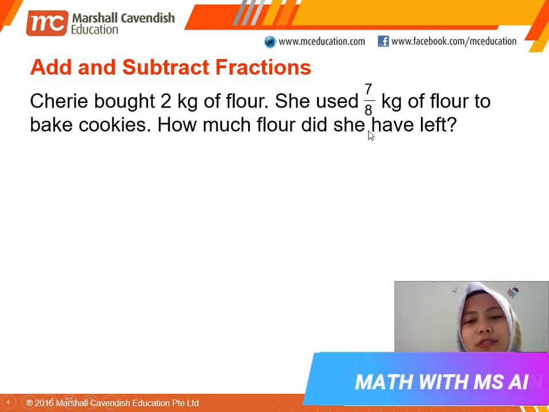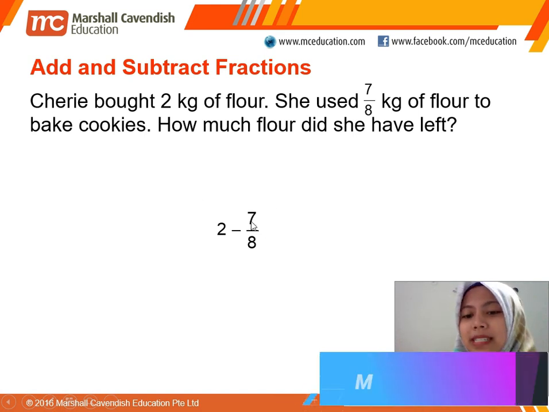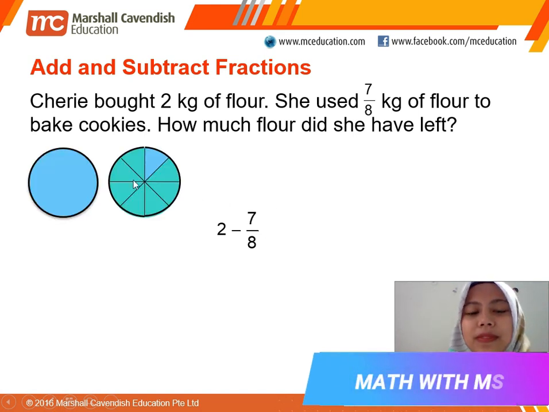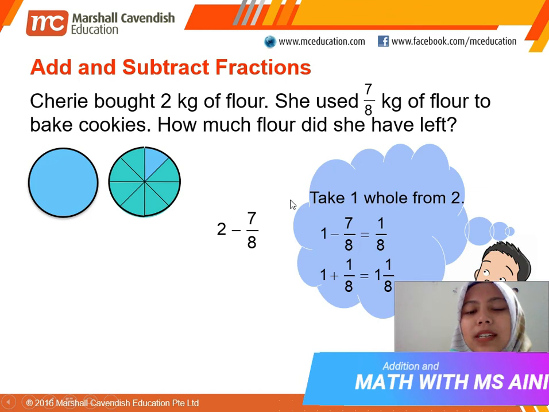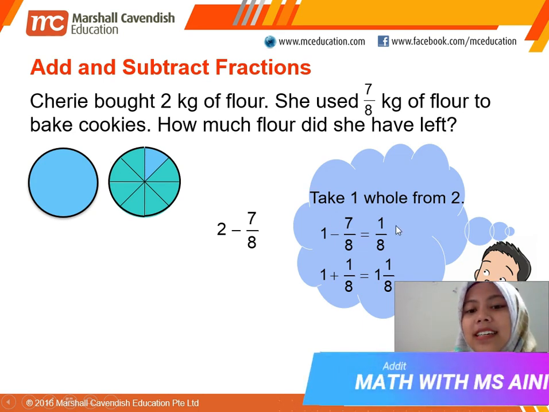How much flour did she have left? So what do you think we can do with this one? We will subtract 2 minus 7 over 8. Look at this. Take 1 whole from 2. And then minus 7 over 8. And then the answer is 1 over 8.